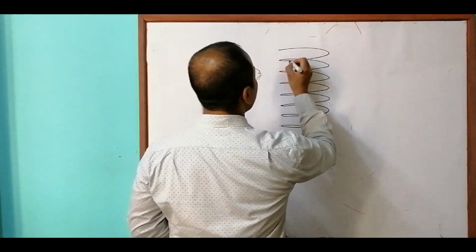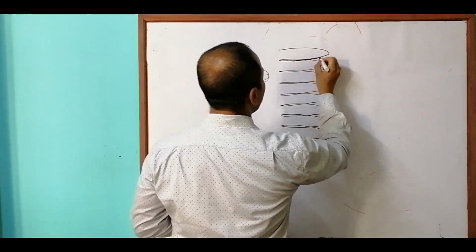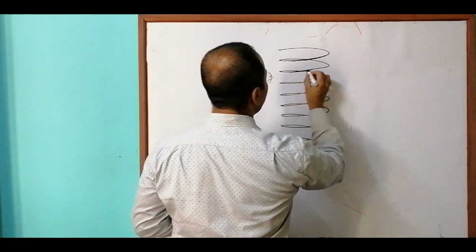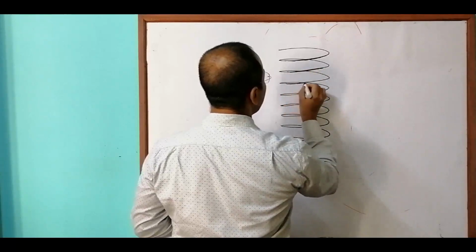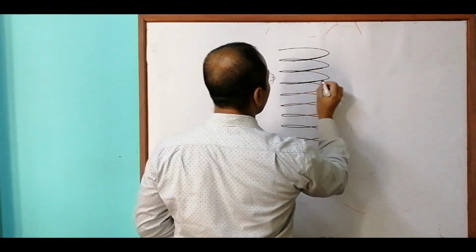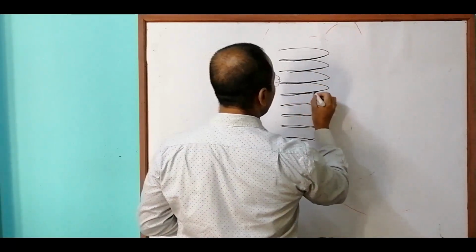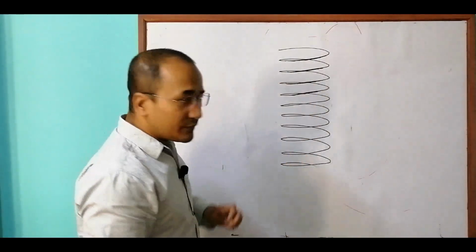Let me show this portion a bit thicker, this portion a bit thicker, this portion a bit thicker, and so on. We have to do this for the whole of these things.